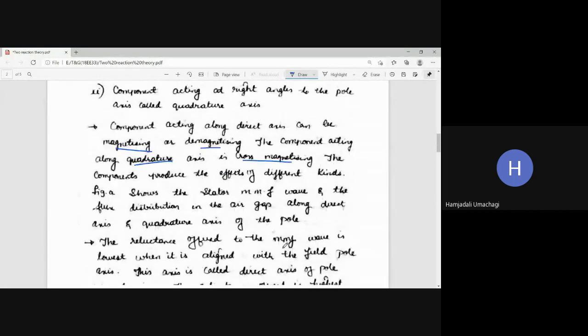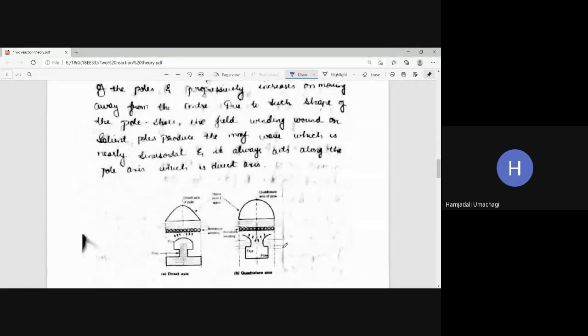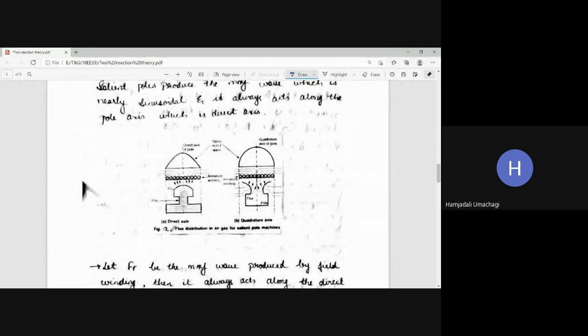So let us see figure A, which represents the flux distribution and stator MMF in the air gap. These are the stator MMF lines along the air gap.